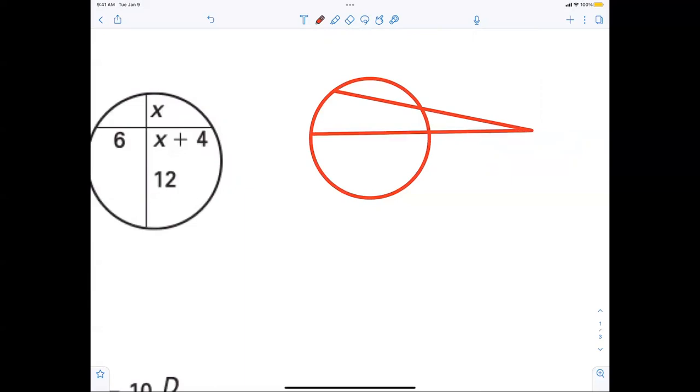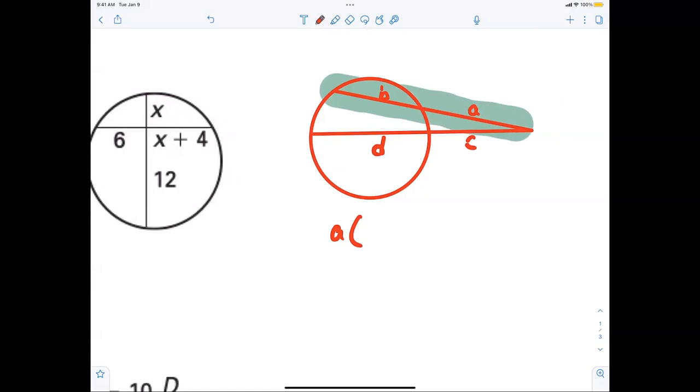If two secants are formed, I'm going to call this A, this B, this C, and this D. I learned it as the outside part times the entire length. What's the entire length of the secant?